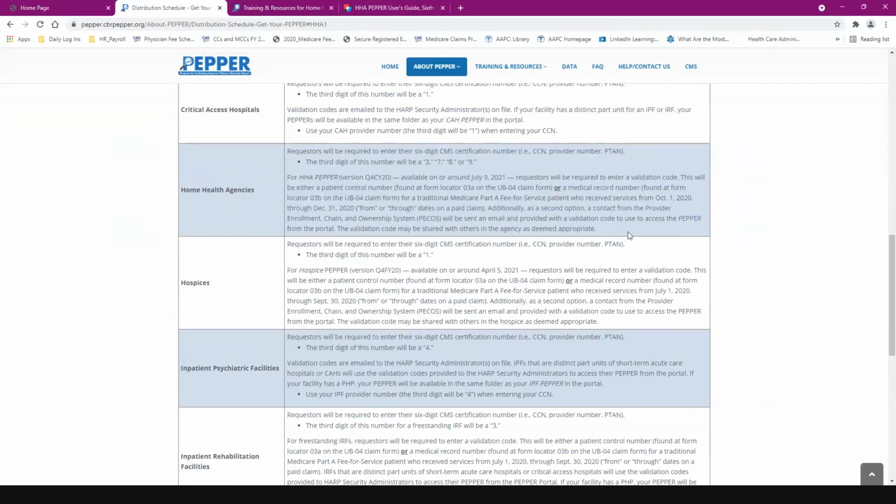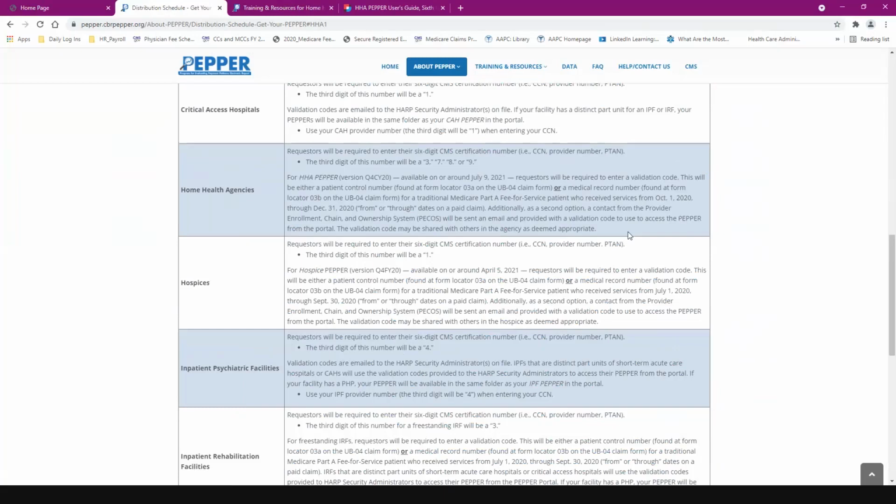So you'll either be able to enter a validation code, again sent to the PECOS contact that is listed for the home health agency, or you could enter a patient control number that's found at form locator 03A on the UB-04 claim form, or a medical record number, which is found at locator 03B.